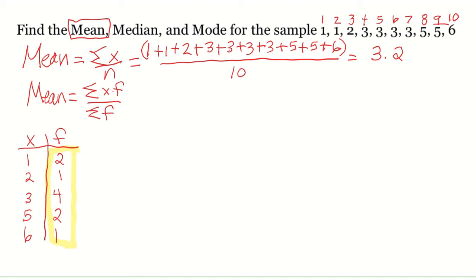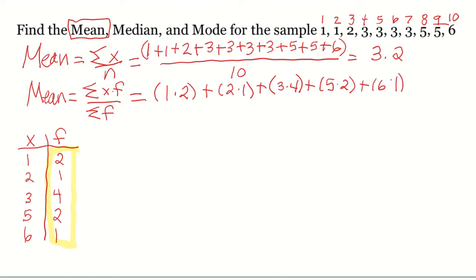So let's go ahead and write that out. We're going to multiply each of those. We're going to take the x value 1 times its frequency of 2, plus 2 times 1, plus 3 times 4, plus 5 times 2, plus 6 times 1.